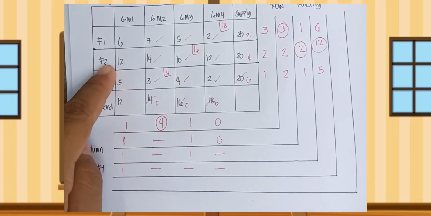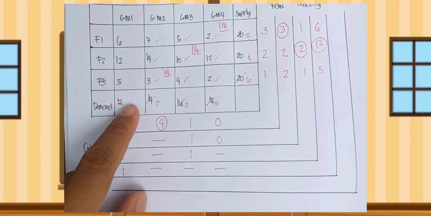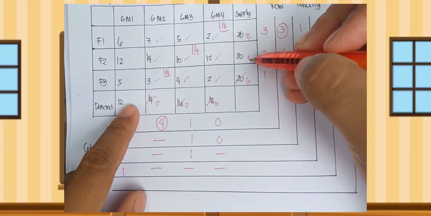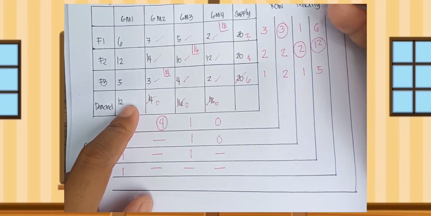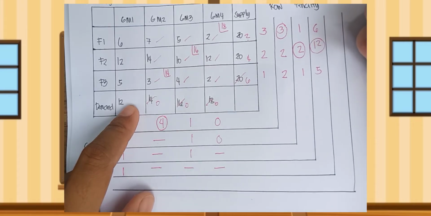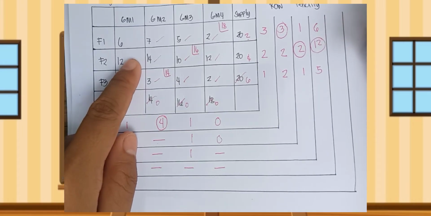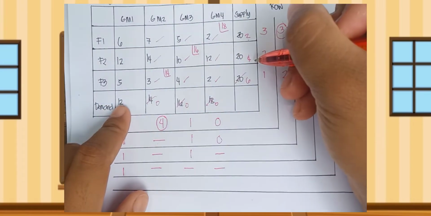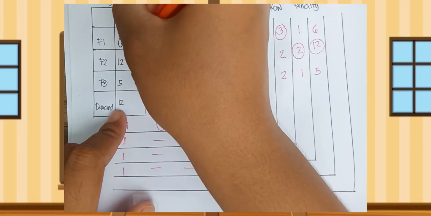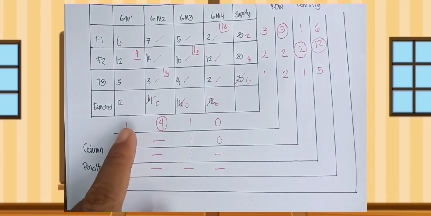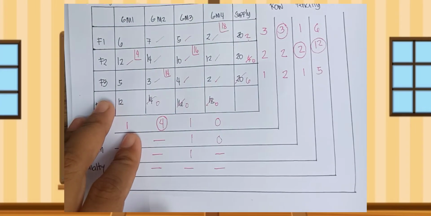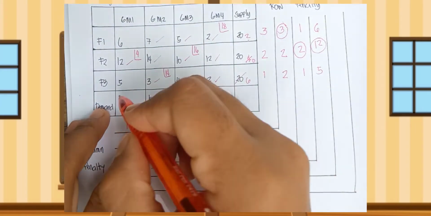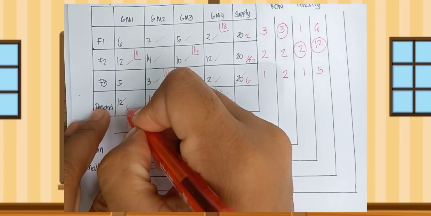The demand is 12 and the supply is 4. So we will put the number 4, because 4 is the minimum cost. So 0, which means this row is satisfied. Then 12 minus 4 is equal to 8.